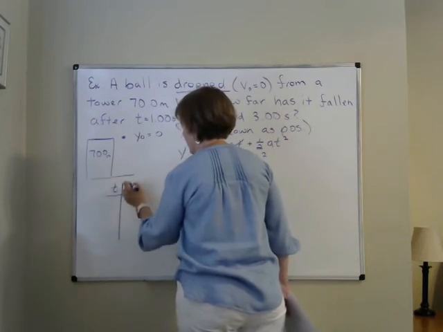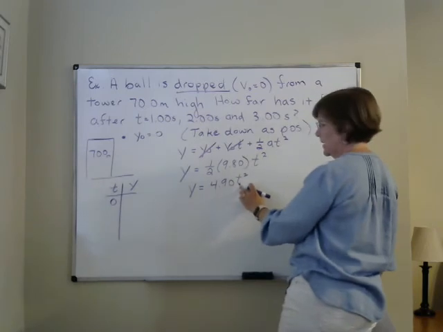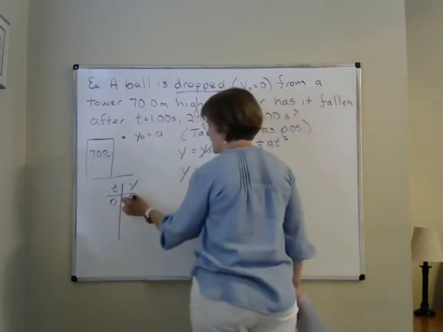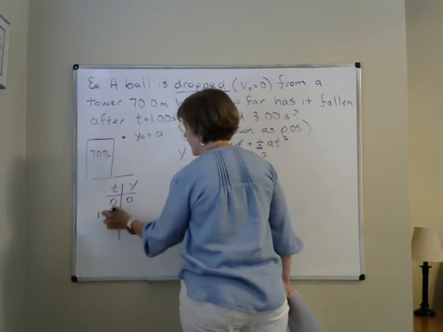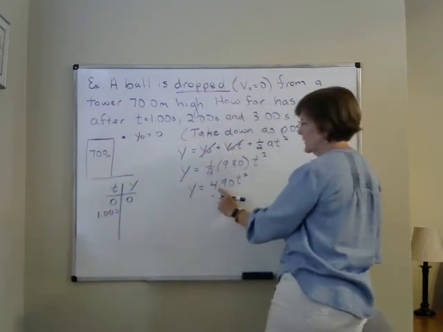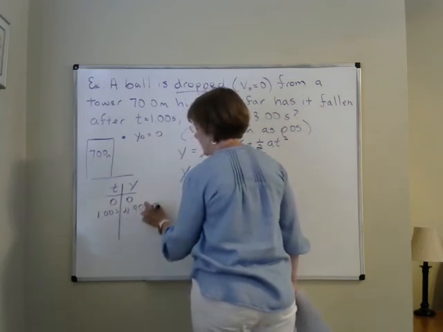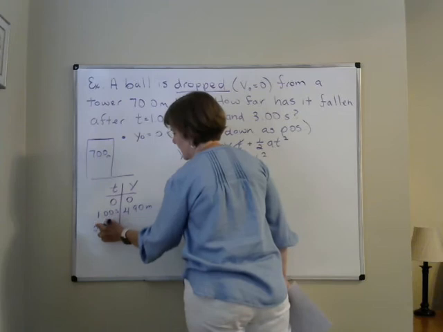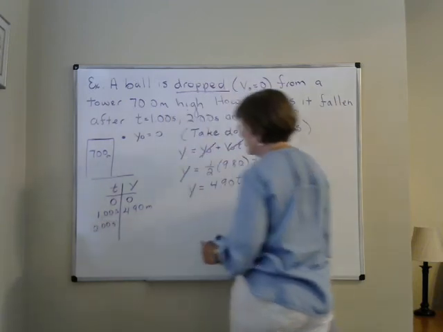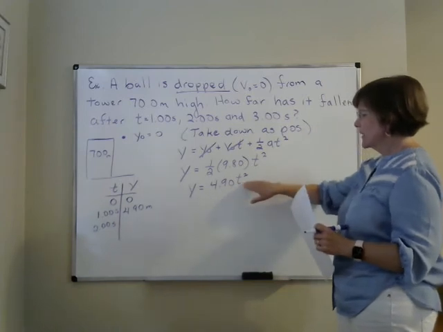If I make a table, kind of helpful sometimes. This is t, this is y. At t equals 0, of course, if I plug in 0, it's at 0. But at 1 second, if I plug in 1 second squared, it's going to be at 4.9 meters. If I plug in 2 seconds and do 2 squared, this is almost 5. 2 squared would be 4 times 5.